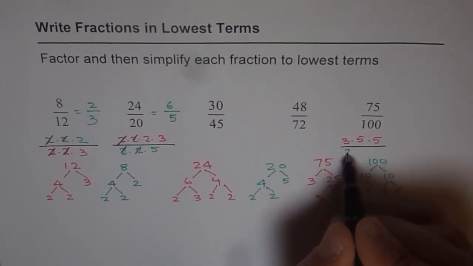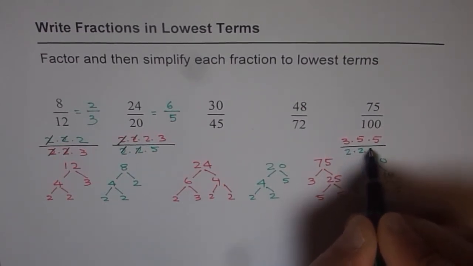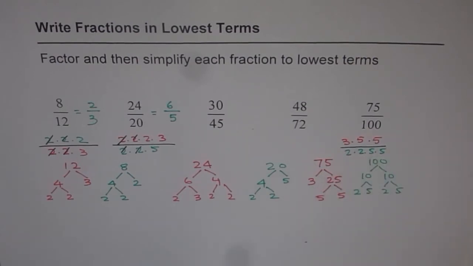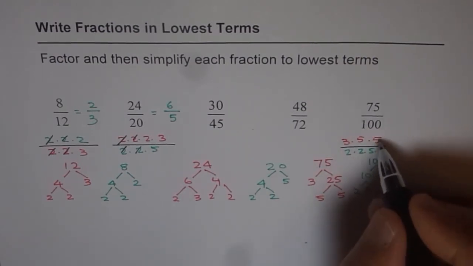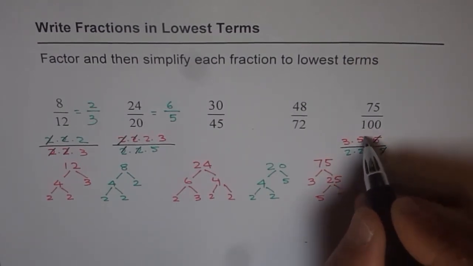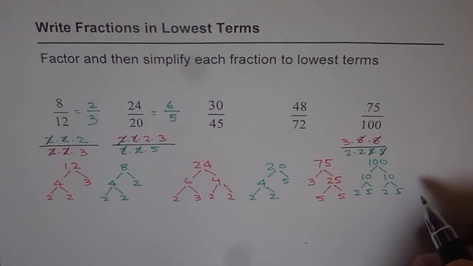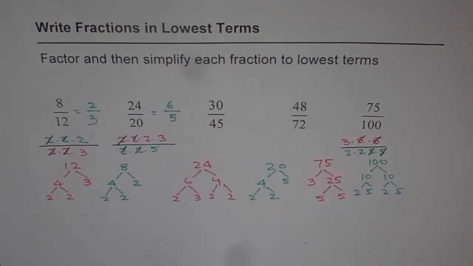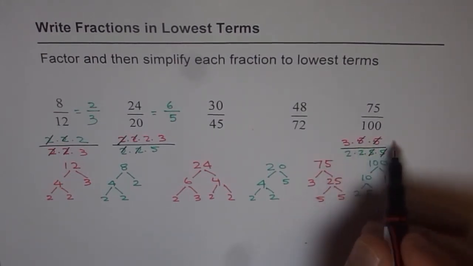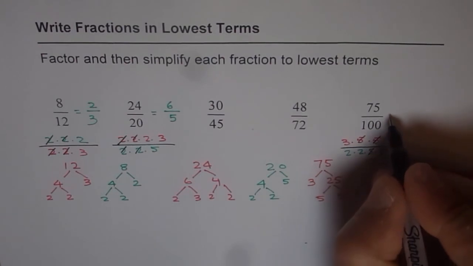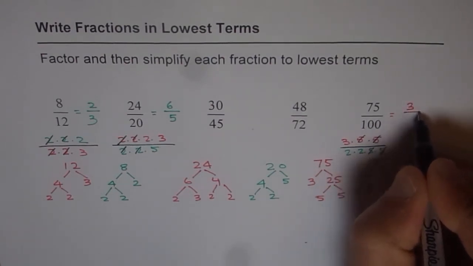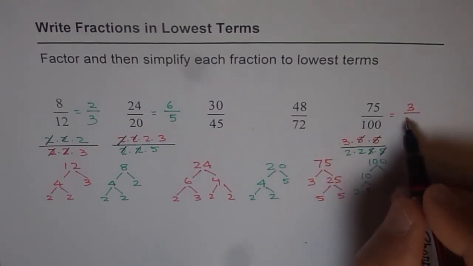So we have here 2 times 2 times 5 times 5. As you can see, we can cancel out 5 and 5. Cancelling means 5 divided by 5 is 1. And 1 is the multiplication identity. If you multiply any number by 1, it returns the number itself, right? Now, what remains in the numerator is 3, and the denominator is 2 times 2, which is 4.